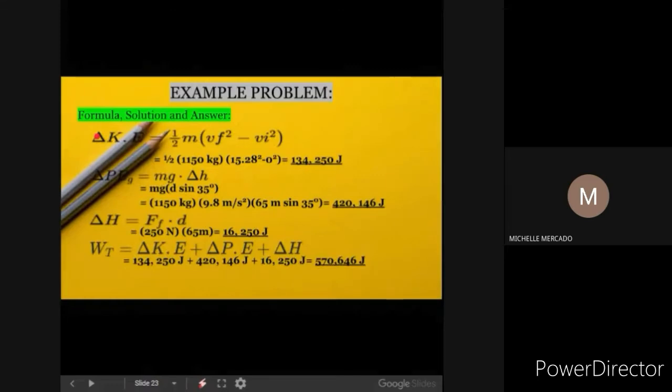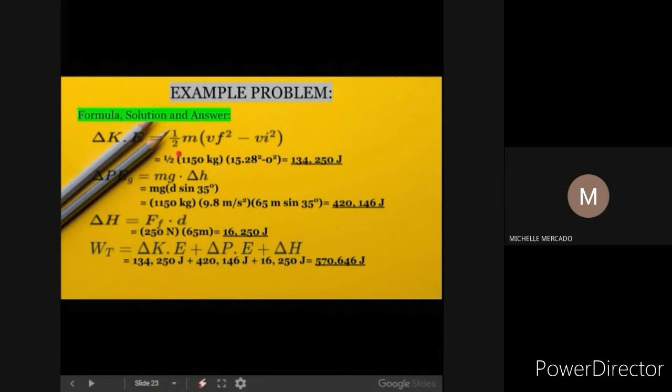Okay, so formula, solution, and answer. So change in kinetic energy is equal to 1 half multiplied by the given mass, in open parenthesis, final velocity squared minus initial velocity squared. So 1 half, transpose po natin yung nasa given. Ang given mass po natin is 1,150 kilogram. Ang given final velocity natin is 15.28 minus the initial velocity, which is 0.